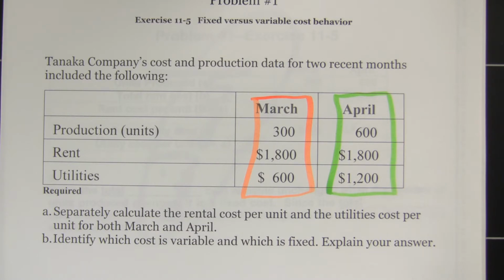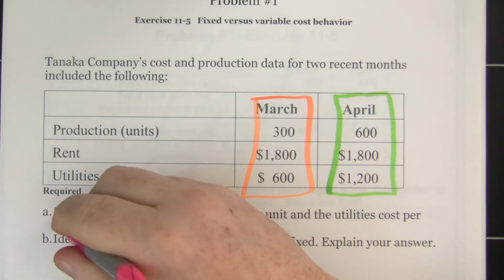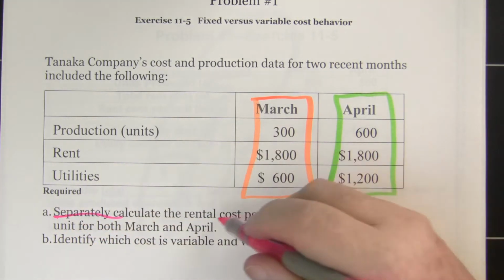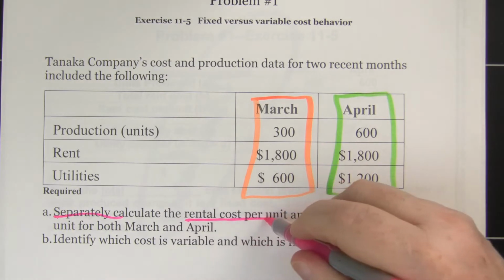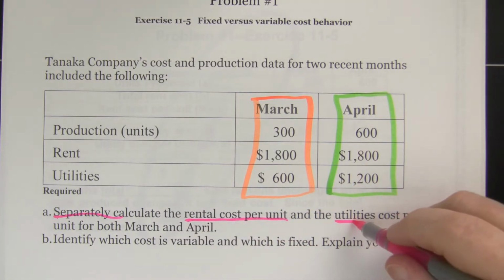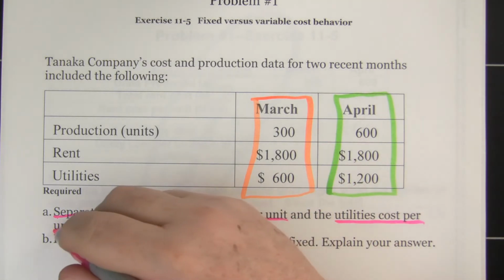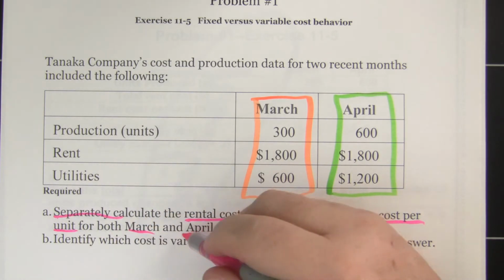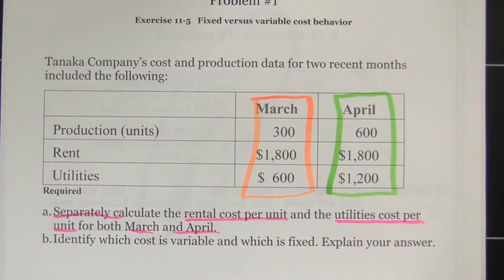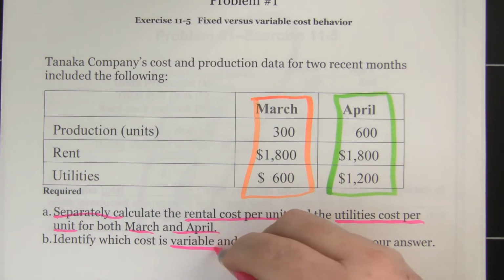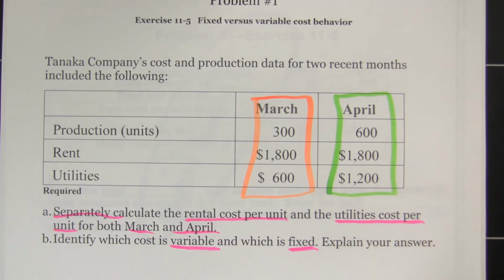So they want us to take a look at this total pile of information, and they want us to calculate separately the rental cost per unit and the utilities cost per unit for March and for April. And then they want us to determine which cost is variable and which is fixed.